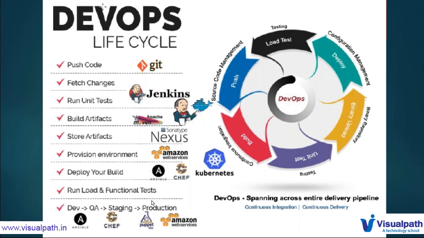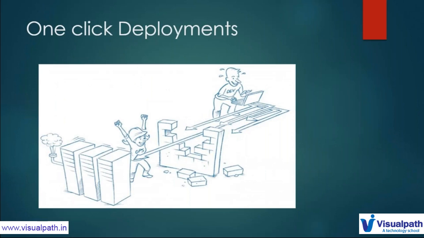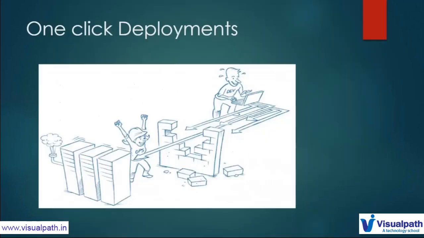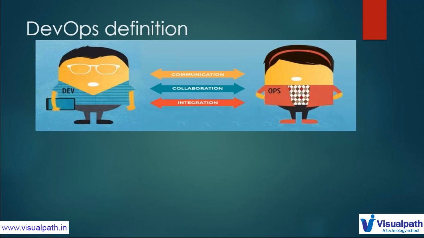I'm waiting for your reply. No such kind of things. It's a completely automated process. Developer just makes a code change, everything happens automatically. This is the objective. One-click deployment we used to call it in old times. Now, it's called a continuous delivery process.